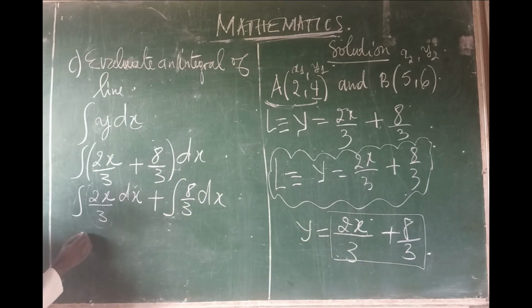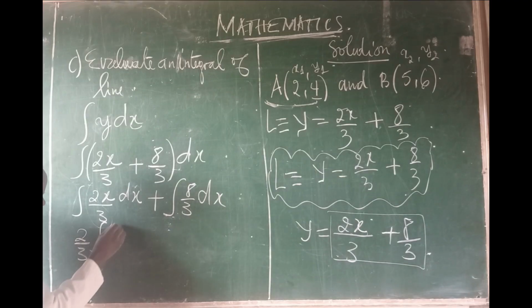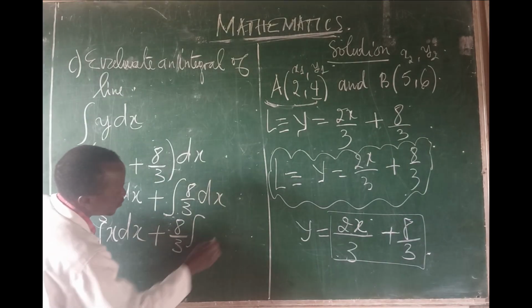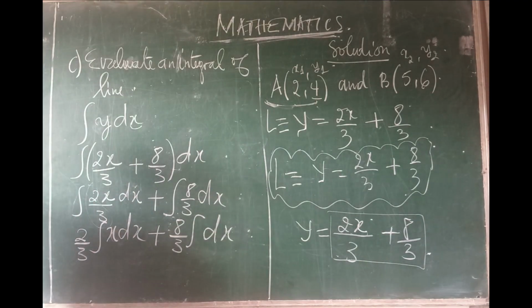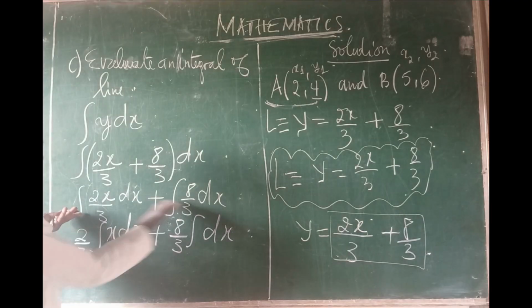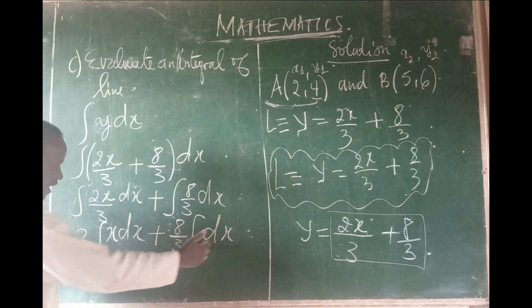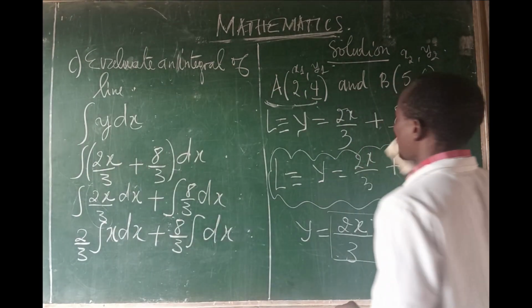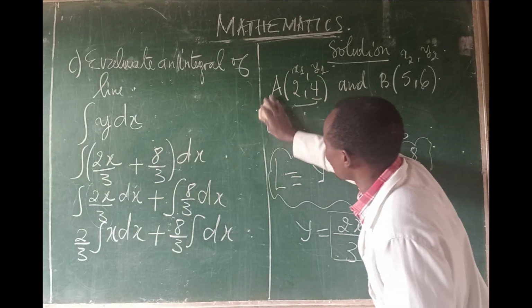So now it is 2 over 3 times the integral of x dx, plus 8 over 3 times the integral of dx, right? You see, this complex integral becomes a very simple one. So now, finally, let us continue.